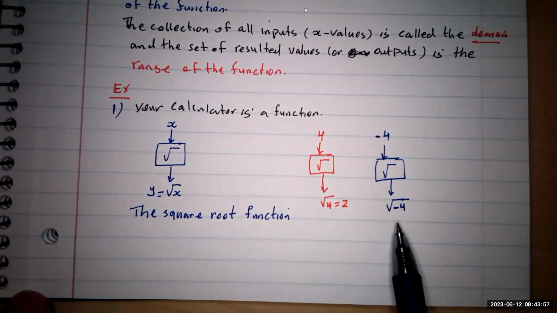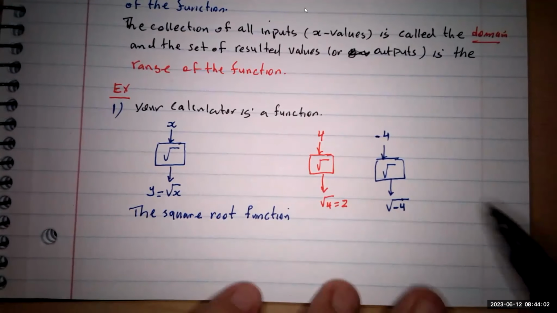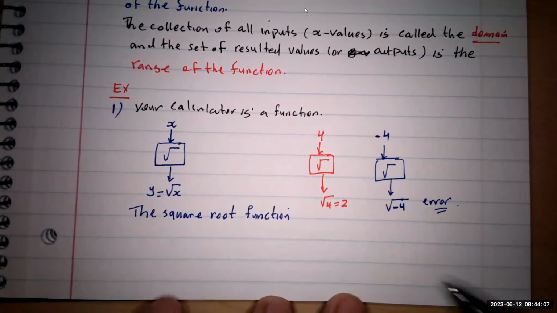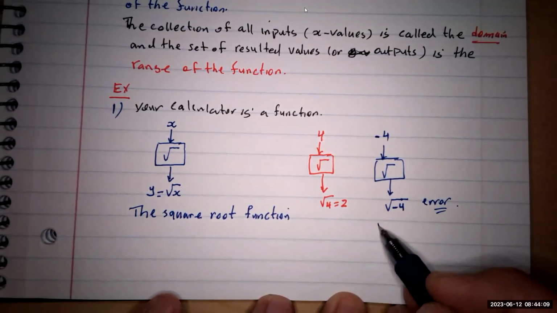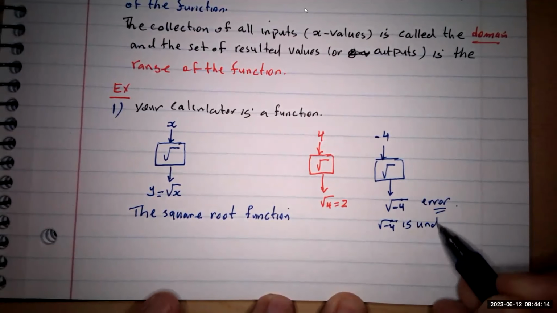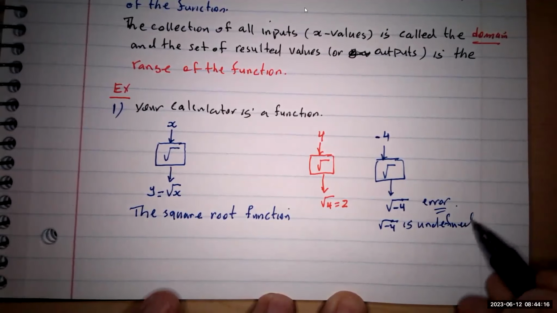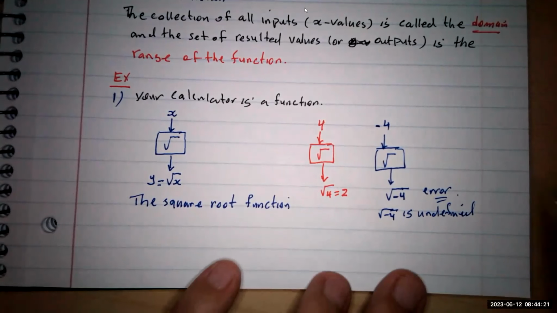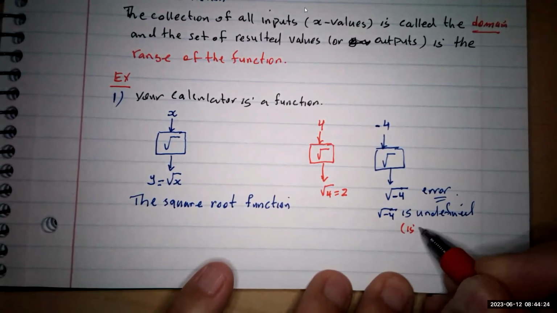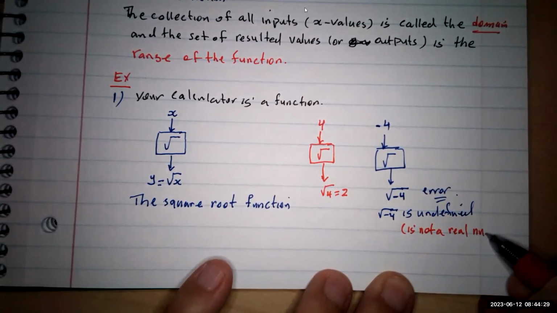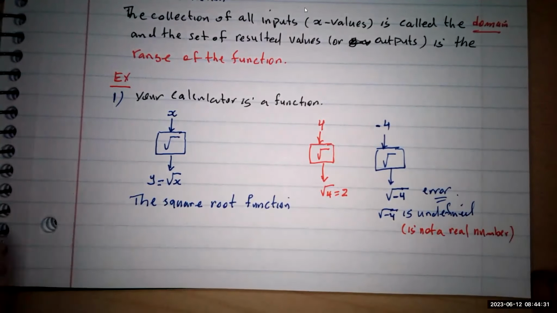Radical -5: if you try it on your calculator, the calculator will give you an error. So this means that for this function, the result is going to be undefined. To be more precise, it's not a real number, so it's undefined.